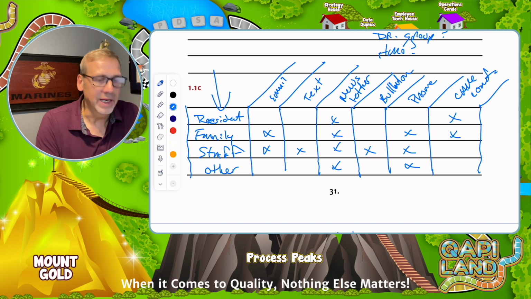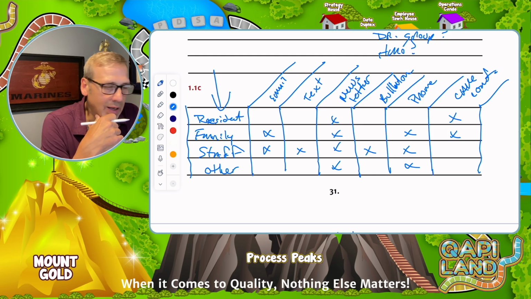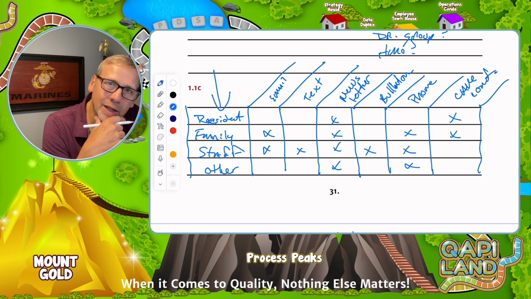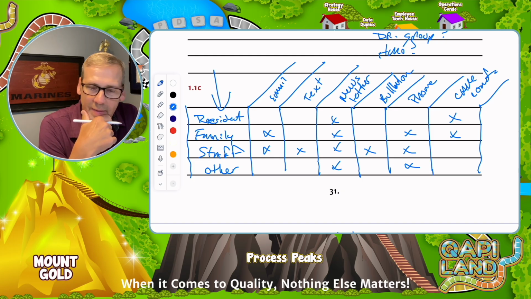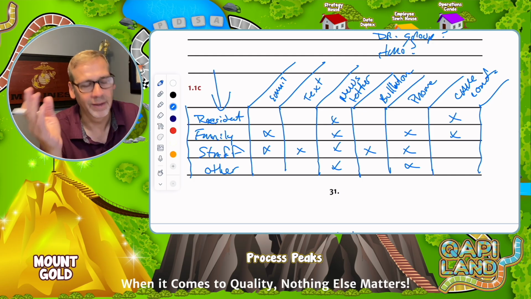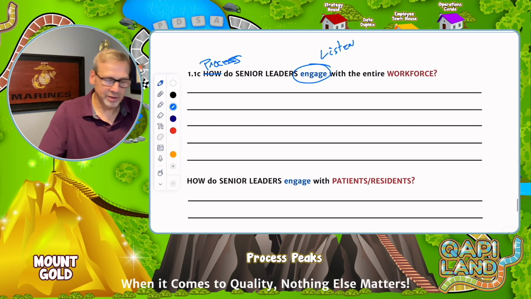How do you engage? This could be with participation rates. It could be through grievance processes. It could be through hotline, 1-800 numbers. It could be through feedback forms, surveys. Maybe you have a suggestion box. That's a way to try to get people to listen.